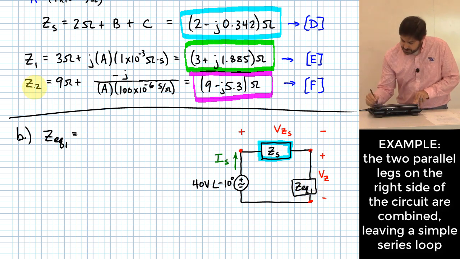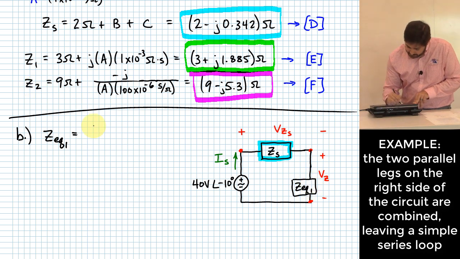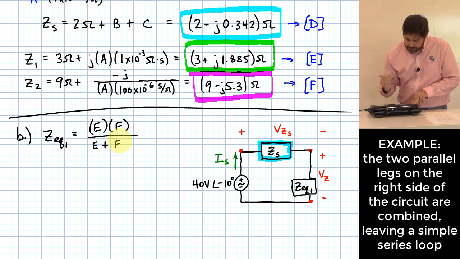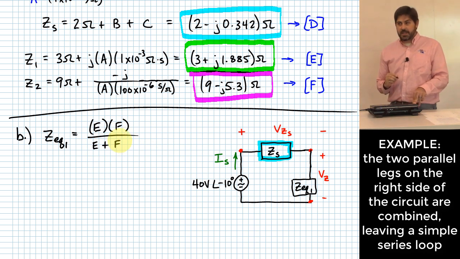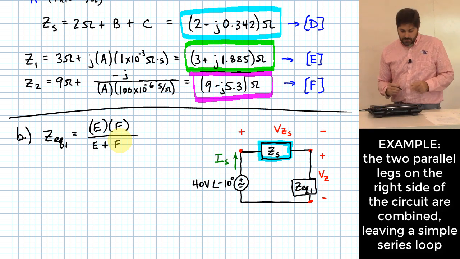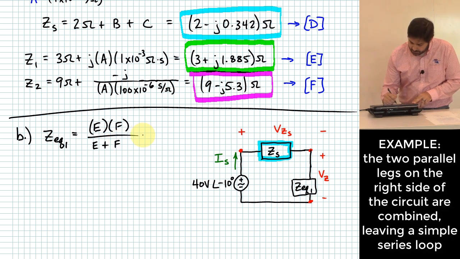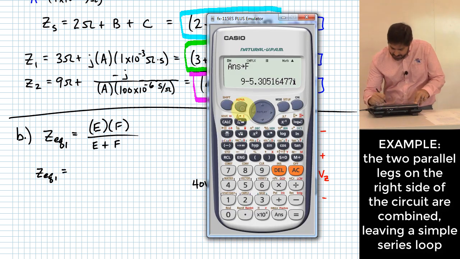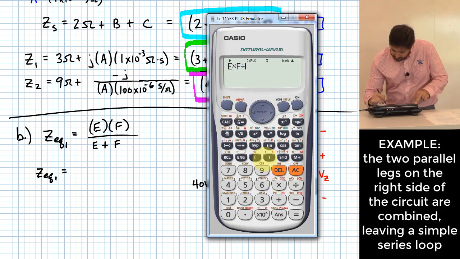And so what we need to essentially do there is take the value that I have in E, multiply it by the value I have in F, and divide by the value I have in E added to the value I have in F, right? That's how we come up with an equivalent resistance, we take the product over the sum. We're doing the same thing here, and we happen to have those values stored into our variables. So that says ZEQ1 is going to be now equal to E times F divided by E plus F.